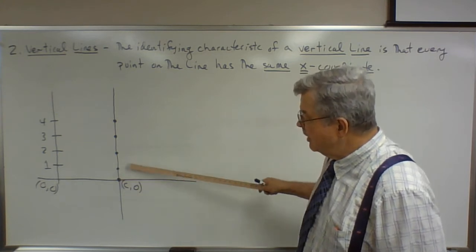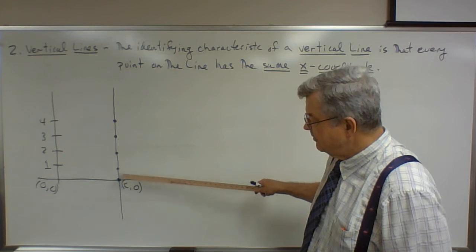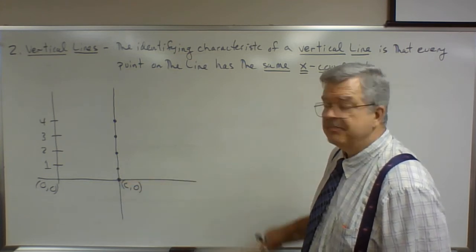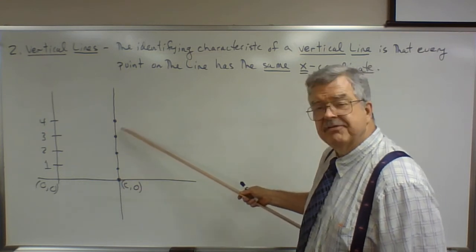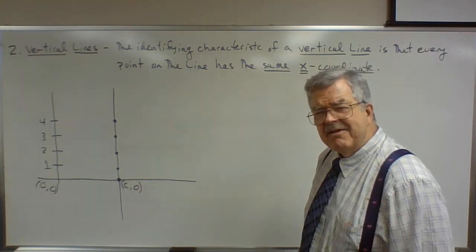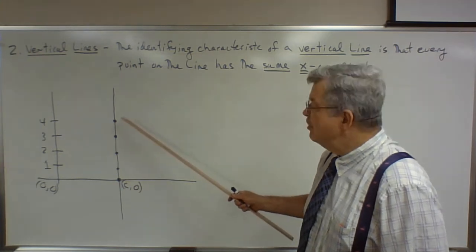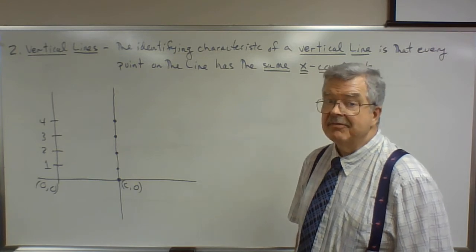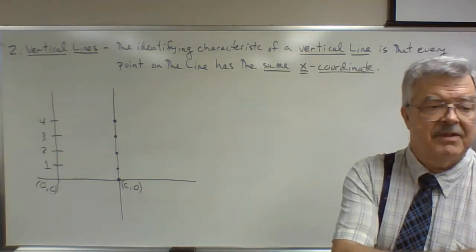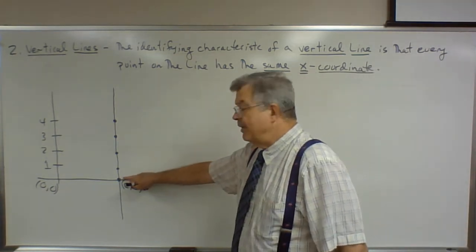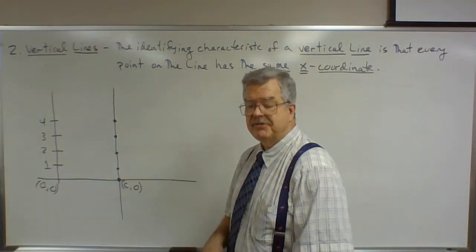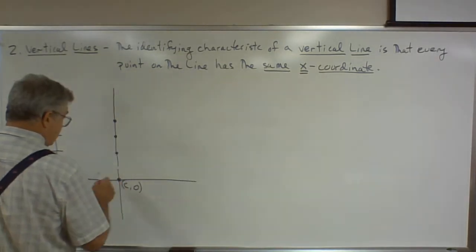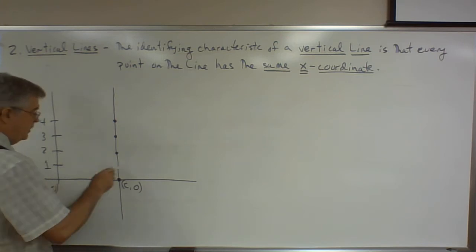So right at this point, c, 0, the x-coordinate of the vertical line is c. And since this line is vertical, every point on this line has the same x-coordinate as every other point on the line. Now this point on the line has an x-coordinate of c. So every other point on this line has to have an x-coordinate of c also.